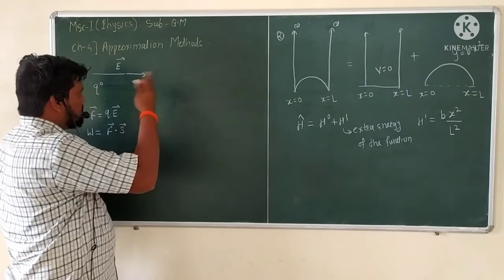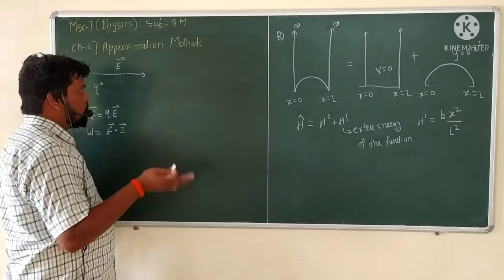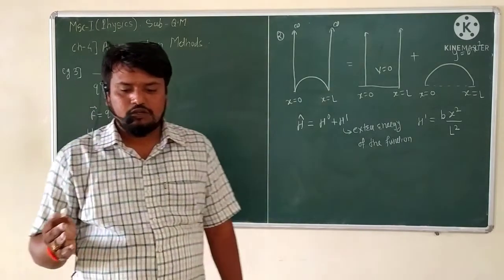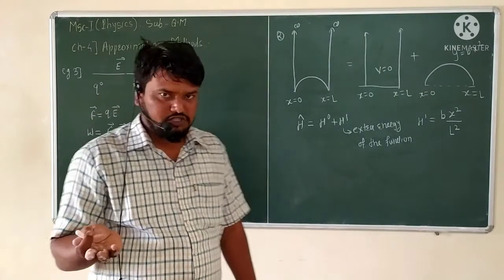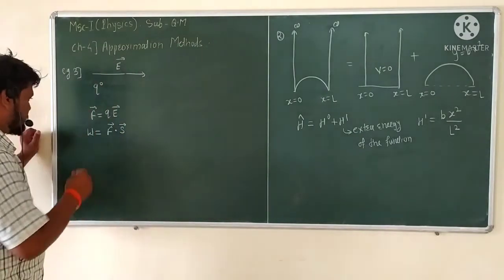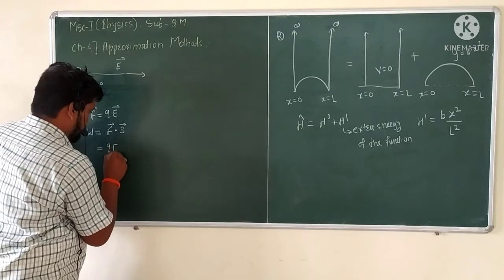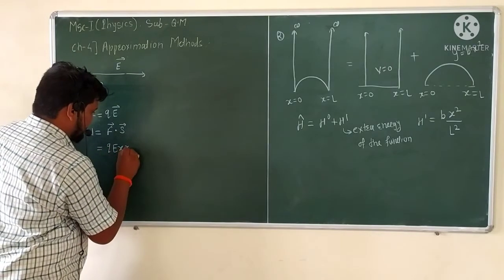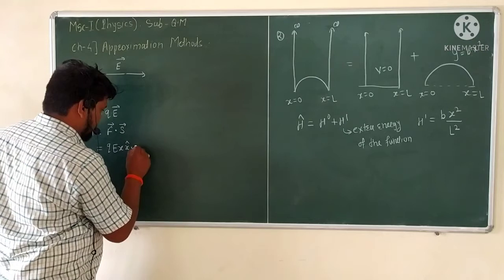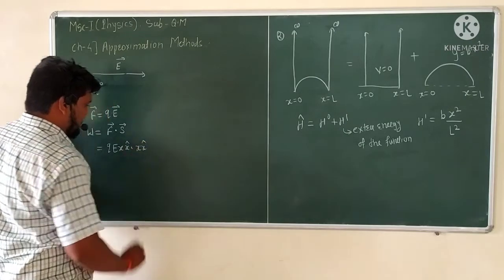What is this S bar? It is the direction in which your function is moving. The force is QE into X cap, in the X cap direction, and S bar is X into X cap.